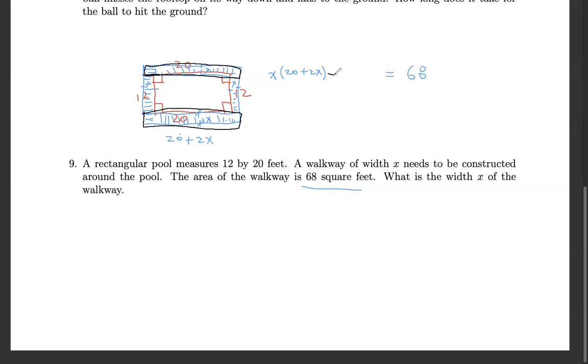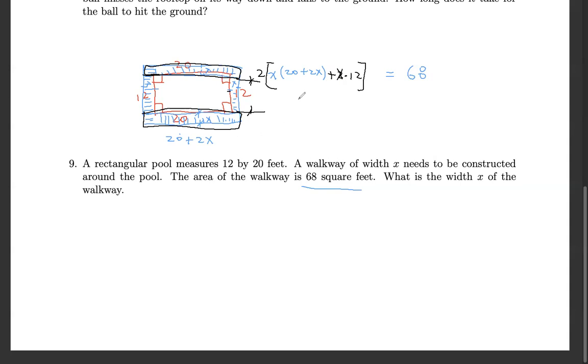And now we need to plus x. We have this x. But what is the length of this? That's 12, right? That's just the red. So that's x times 12. We have two of them, right? We have x times 20 plus 2x on the top and on the bottom, so two of each.